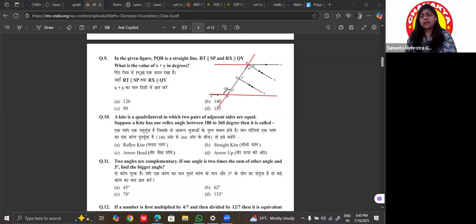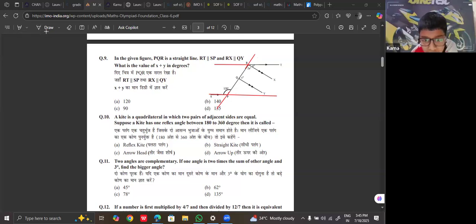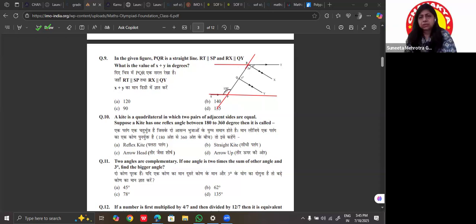Now tell me, if this angle is 120 degrees. Ma'am, the place where R is, it is also 120 degrees. This whole part is 120. Why is this 120? Because this is an alternate interior angle.